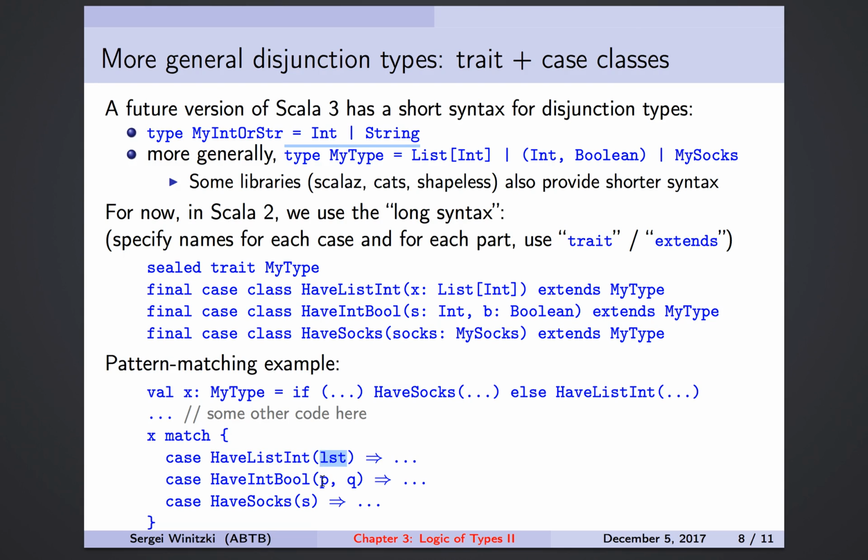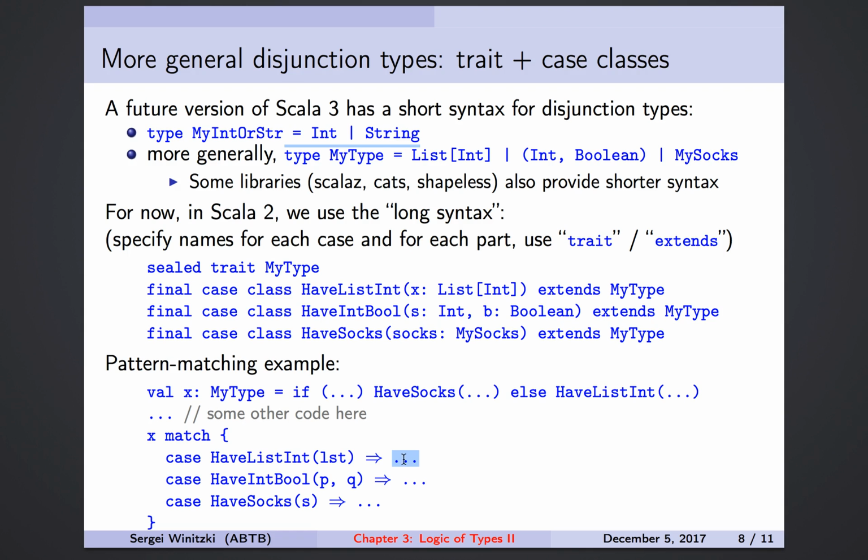You put pattern variables in the case classes. So these names don't have to be the same as these. They can be for convenience, but they don't have to be. I'm just specifically selecting all different names just to show you that these are arbitrary names. They don't have to be the same. And then you write expressions here that will be evaluated in each of these cases.